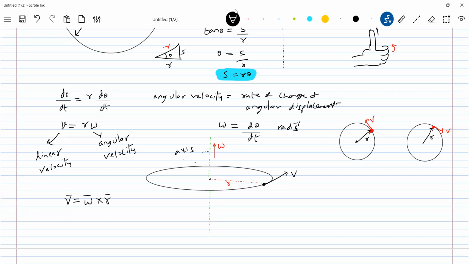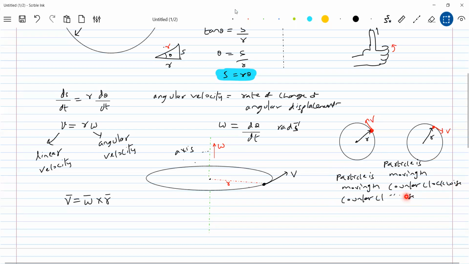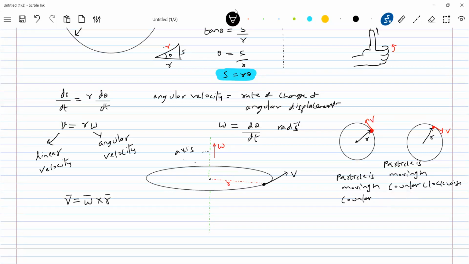This is r bar, this is r bar. So the sense of rotation: say the particle is moving counterclockwise. Here the particle is moving clockwise, and here counterclockwise.